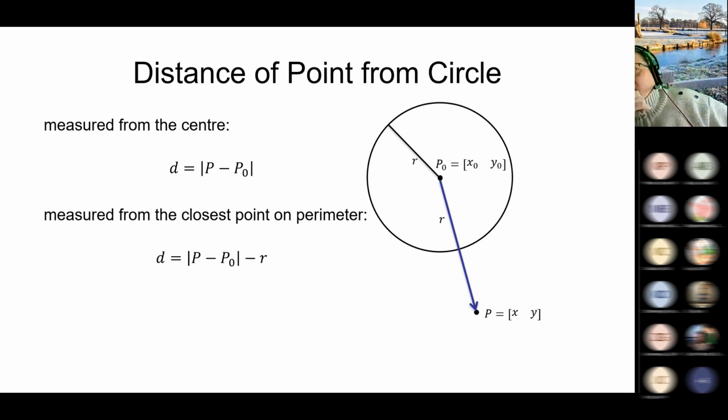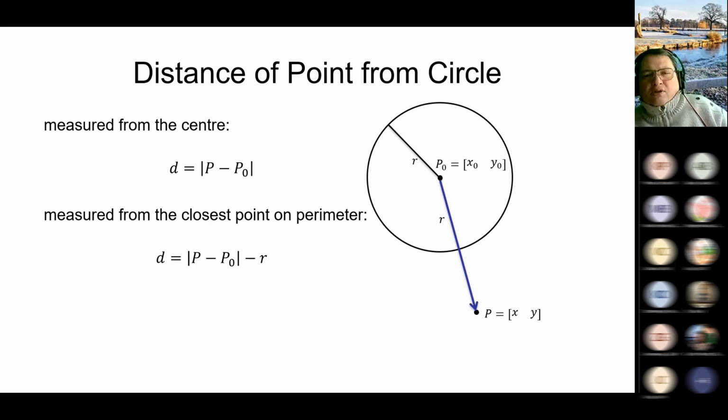Just imagine the ISS, International Space Station, and its distance from the center of the Earth is quite a long one. It will be around 7,000 kilometers, but most of this is the radius of the Earth.